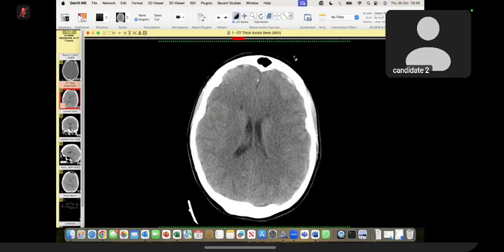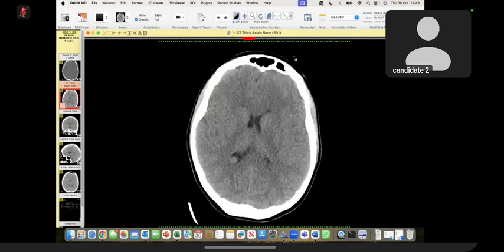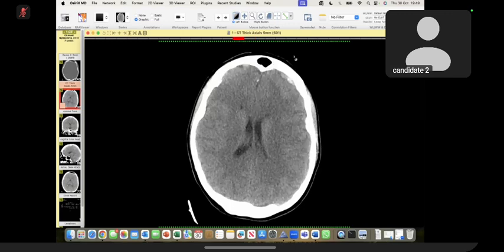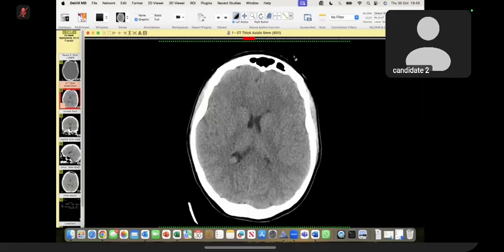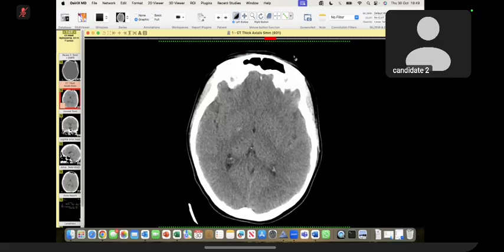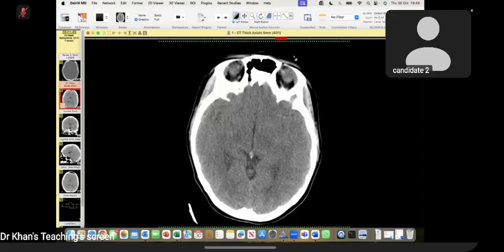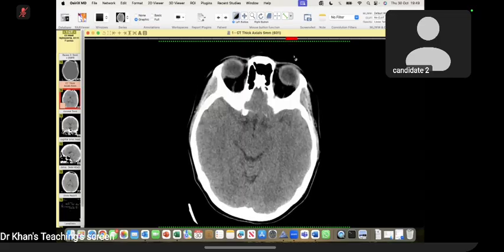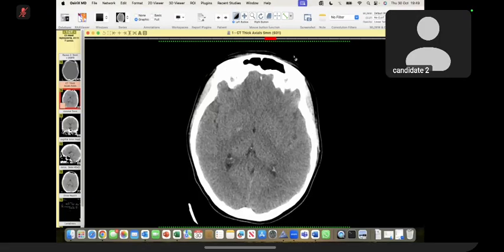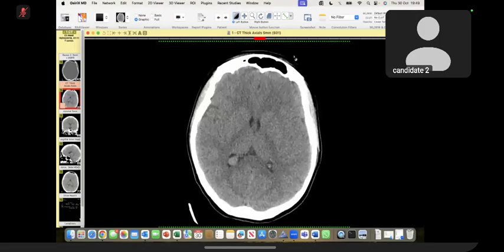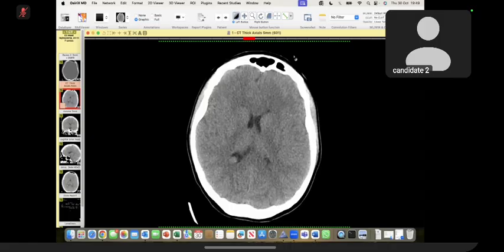These are multiple in number. I could appreciate another hyperdensity in an extra-axial location in the bilateral frontal regions, in a dural location. Another area of hyperdensity is also noted in the right parietal lobe.